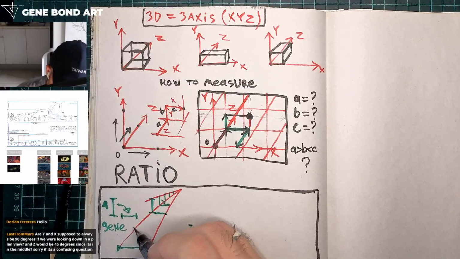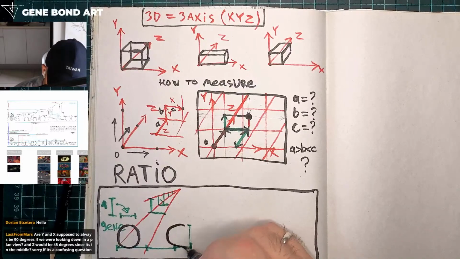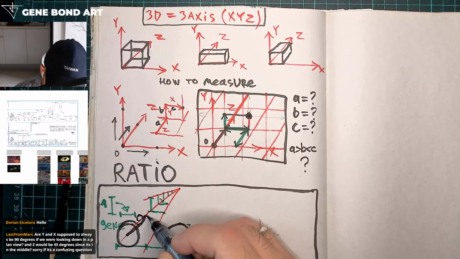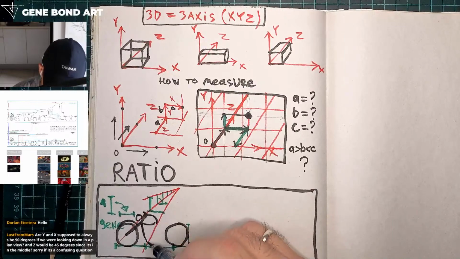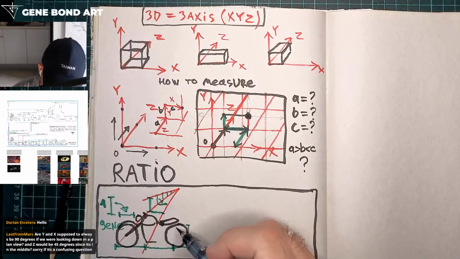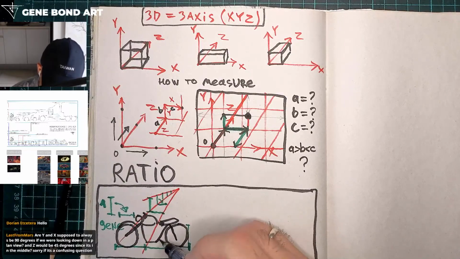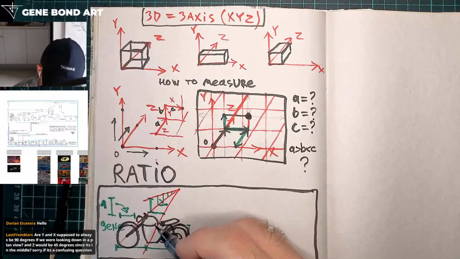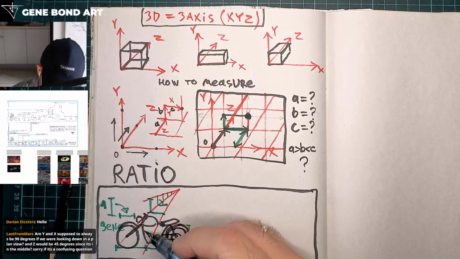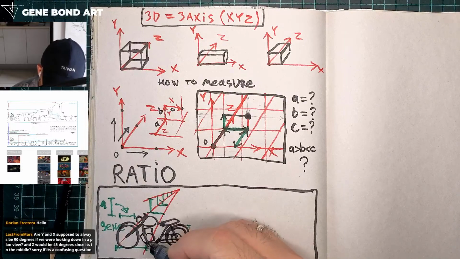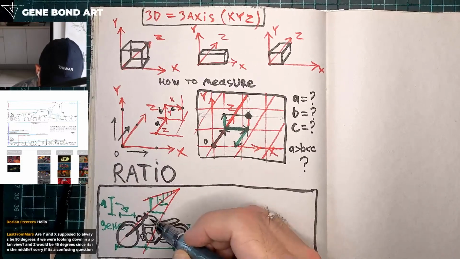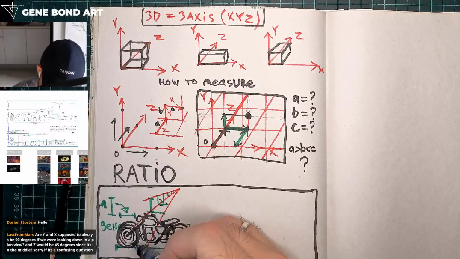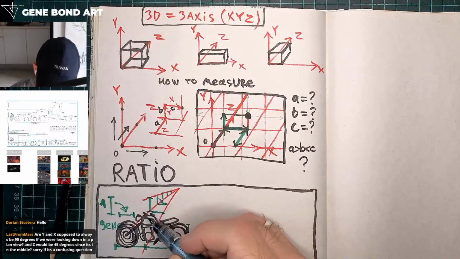So now I make it a little volumetric. So here we have this motorcycle.